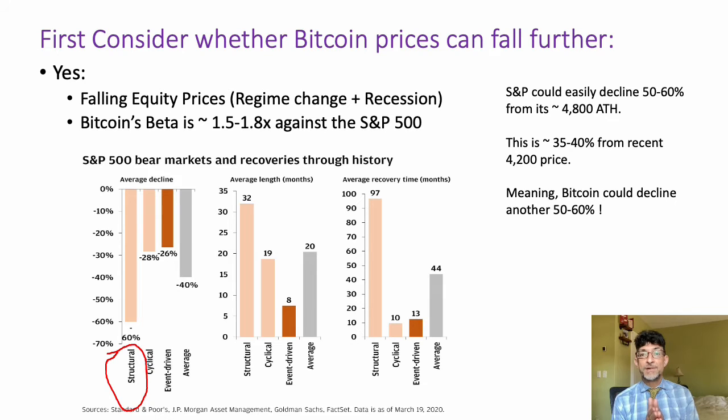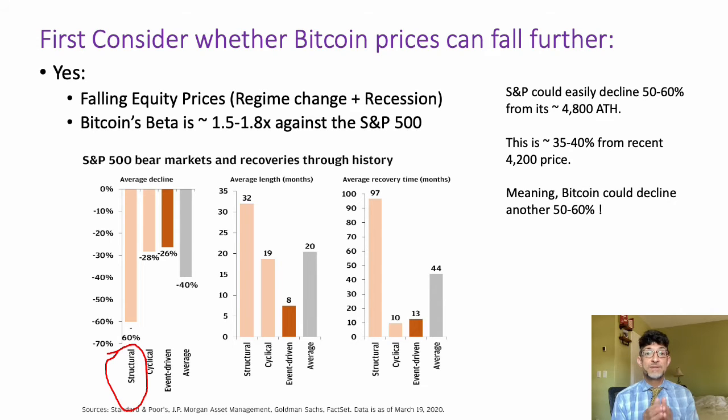So if that could happen, I think this time around we could definitely decline at least 50% from the high. The high of this bull market was 4,800 for the S&P. So if the high was 4,800, we're looking at, believe it or not, another 35 to 40% decline from today's recent prices. That's a big decline.